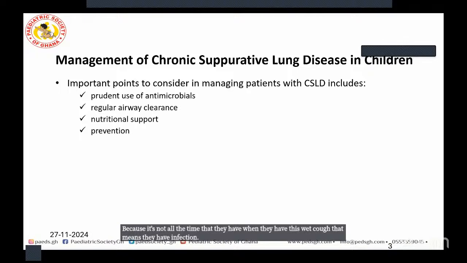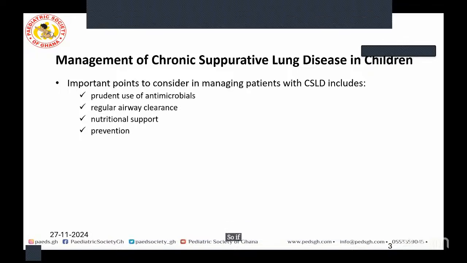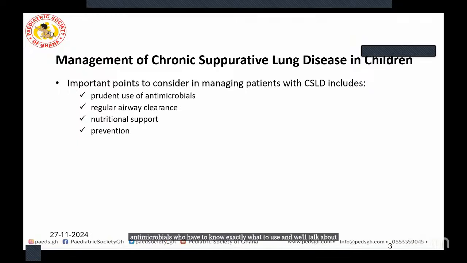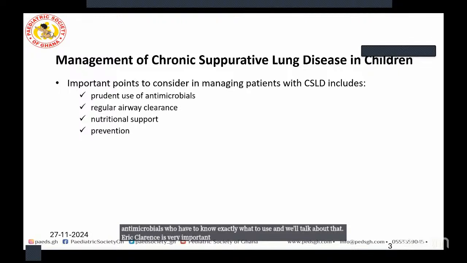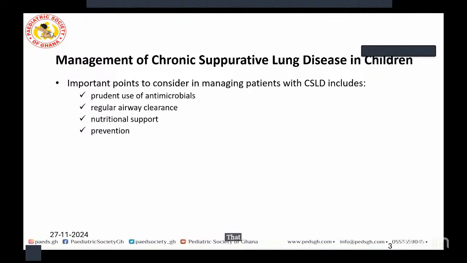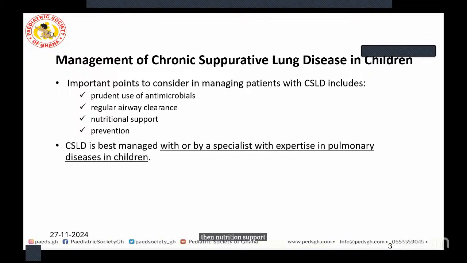So if you have to use antimicrobials, you have to know exactly what to use, and we'll talk about that. Airway clearance is very important because most of the time, that is probably all that they need to help clear the airways. Then nutrition support and prevention is also important.